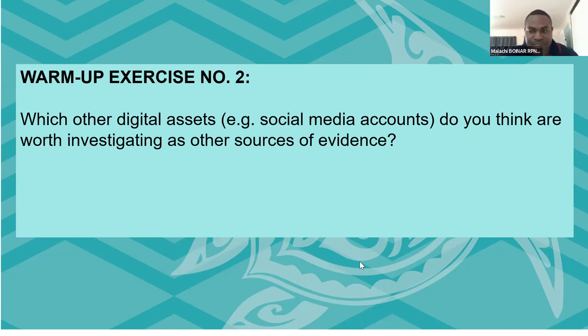I would like to add on to what my Fijian counterpart has already mentioned. I think one of the digital assets that would be a source of evidence would be the software, the hacking software that Bob used.